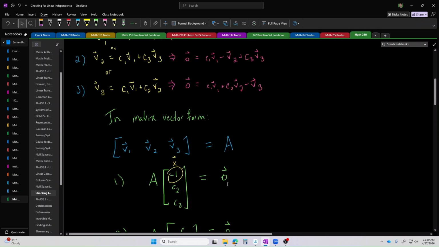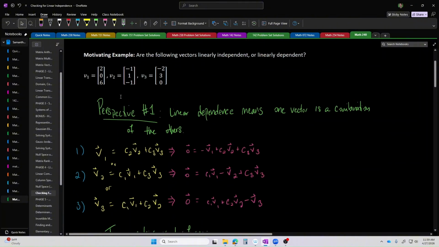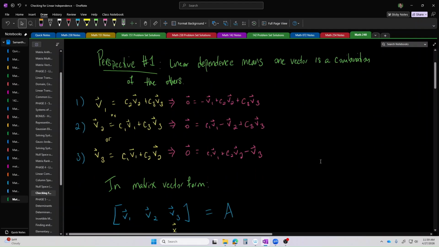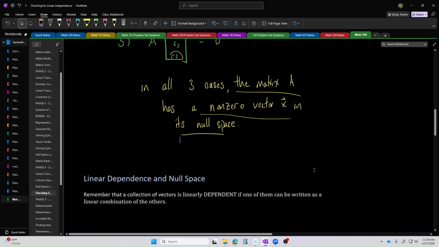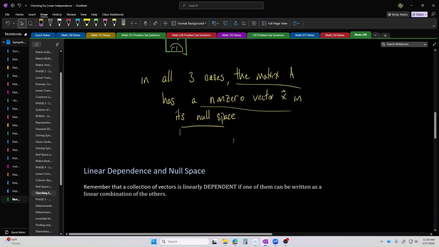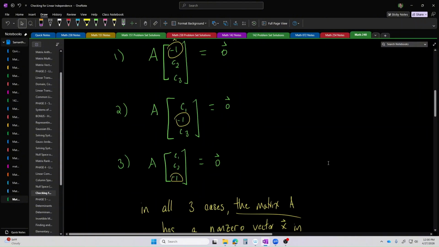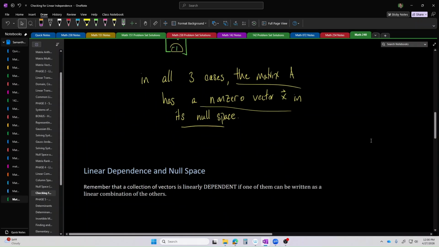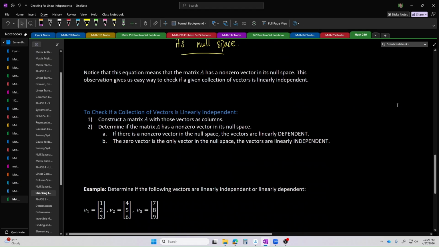If I construct a matrix A whose columns are equal to the vectors that are in your collection, if I then study that matrix A and row reduce that matrix A and think about its null space, then if the null space has a non-zero vector in it, that means that the vectors must be dependent. If the null space has only the trivial solution, then the vectors must be independent. So let's summarize that conclusion here.